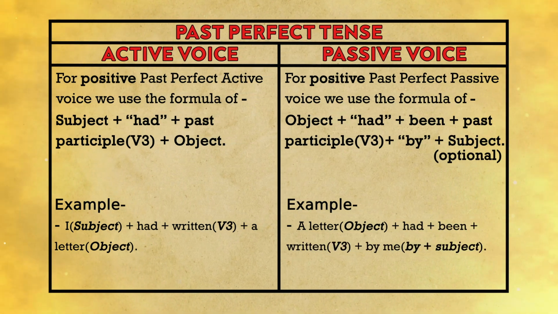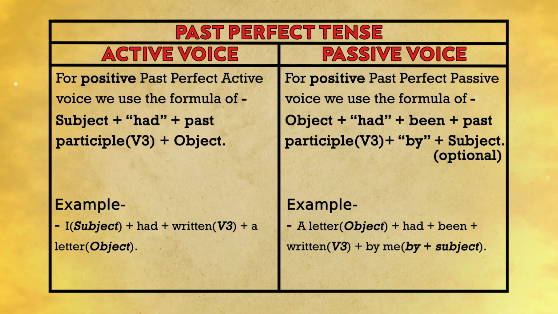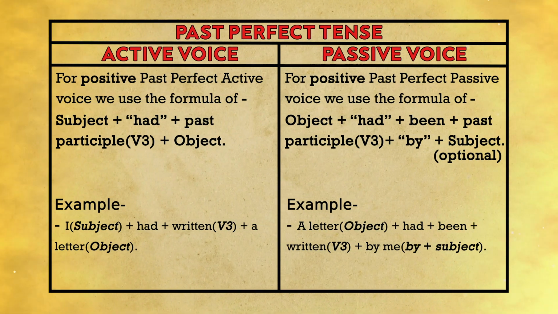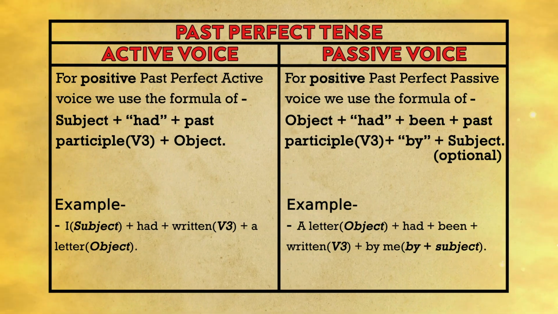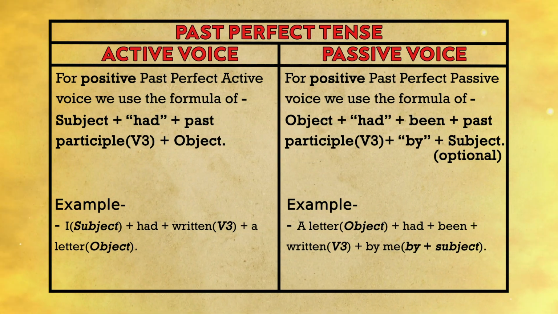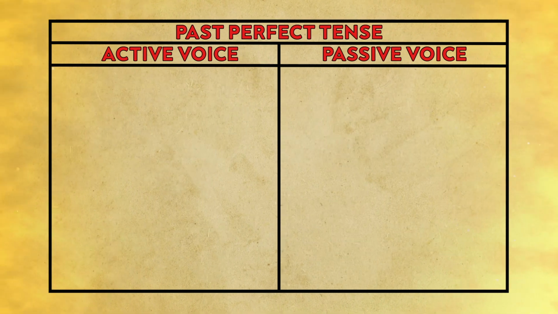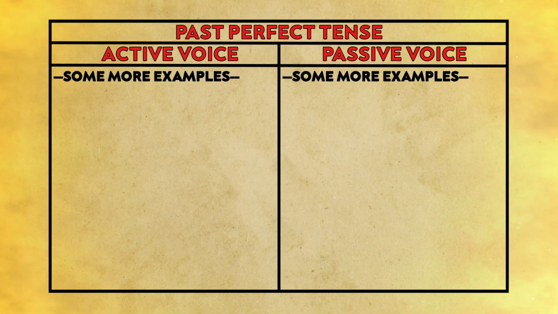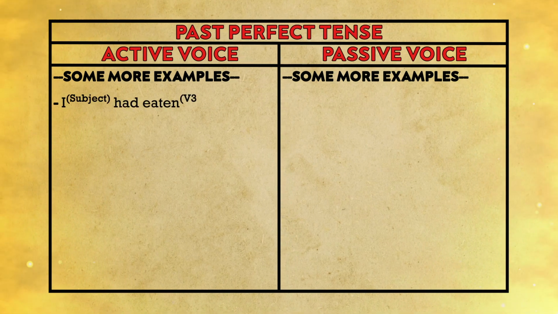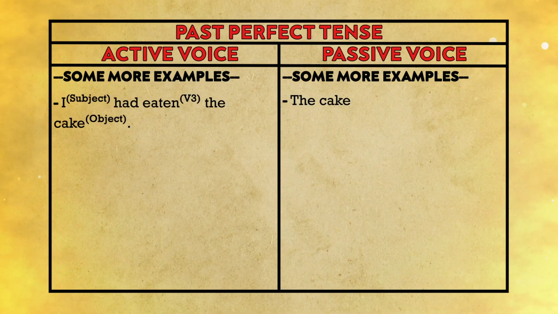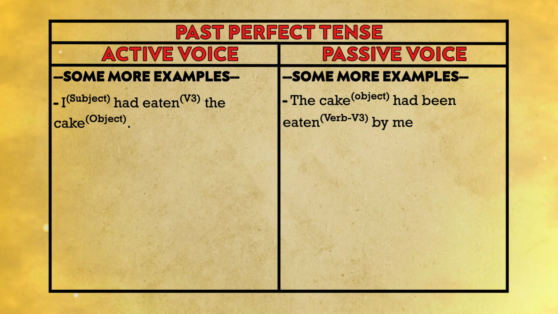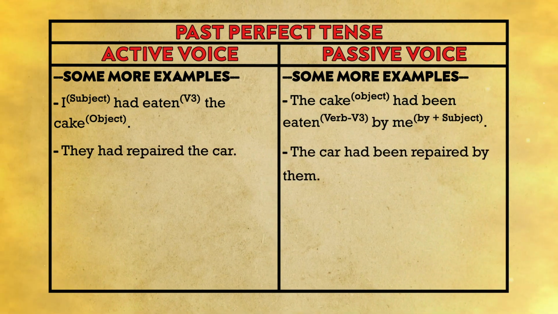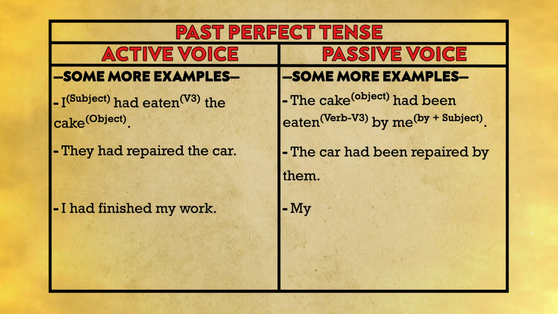So letter is the object, plus had, plus been, plus written, that is third form of the verb, plus by me, that is the subject. So other examples. I had eaten the cake. The cake had been eaten by me. So there are more examples for you on the screen.